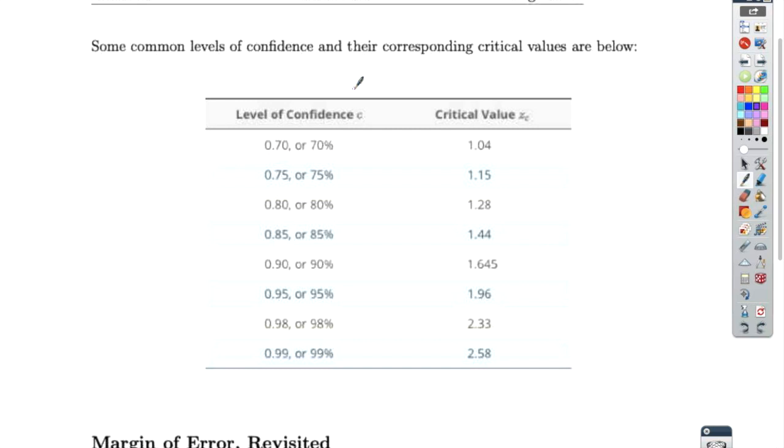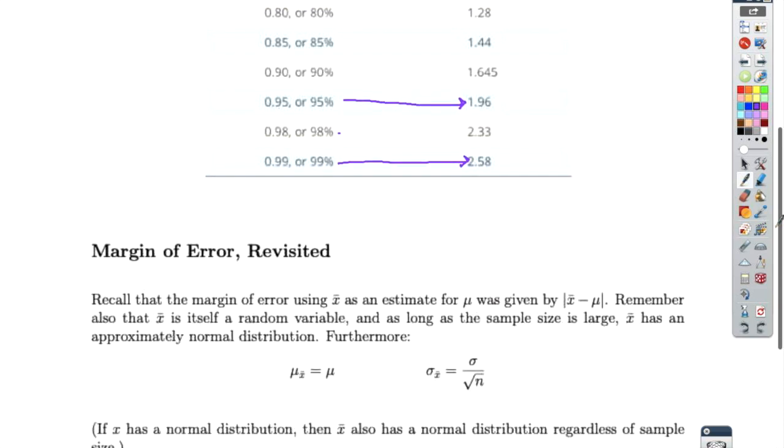It tells you along the left the level of confidence. We found 95% and 99% in the warm-up. It gives you your confidence levels, and then the corresponding critical value for z. So you won't have to do those computations again. You can just use that table.